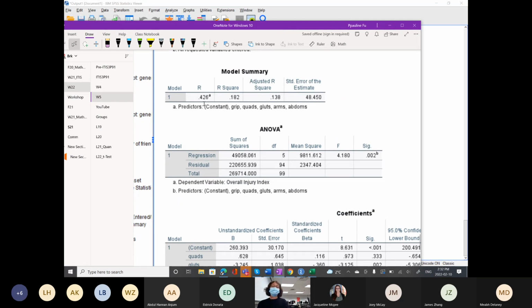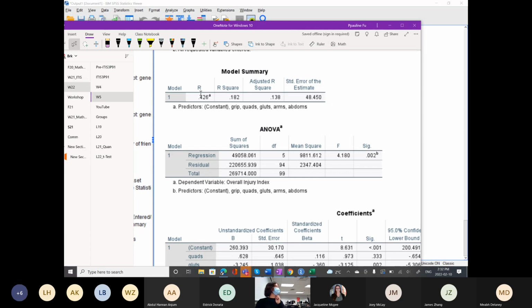So this is the multiple correlation coefficient, 0.426. It is moderate. People use 0.1, 0.3, 0.5. Anything below 0.1 is weak correlation.